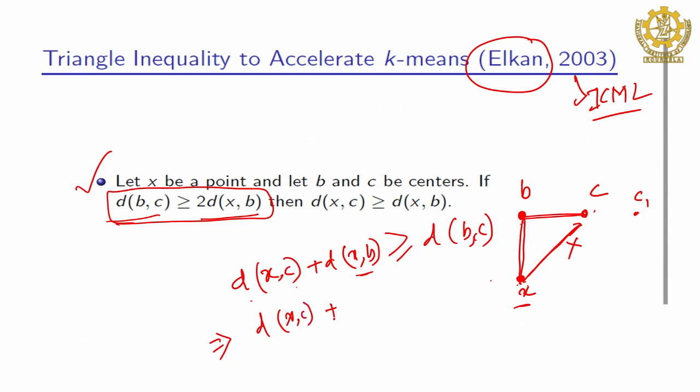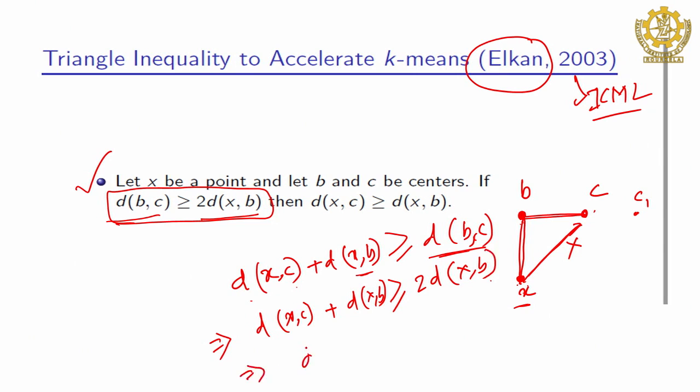Now, simply, distance of x to c plus distance of x to b is greater than or equal to distance of b to c. What is the distance of b to c? You simply replace it: distance of b to c is always greater than or equal to twice the distance of x to b.